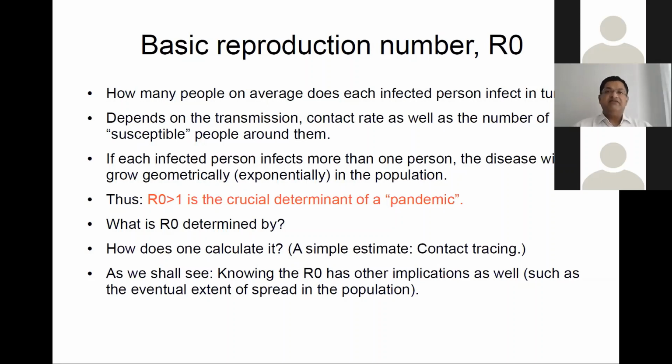But on the other hand, if one person infects 2 people, well, then 2 will infect 4, and 4 will infect 8, and 8 will infect 16, and the whole thing just blows up very quickly. It becomes a geometric progression. The process grows geometrically, exponentially, if you like. And then suddenly there's going to be an explosion of people who are infected, right?